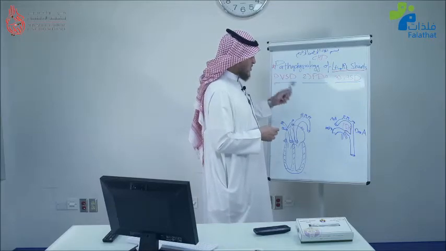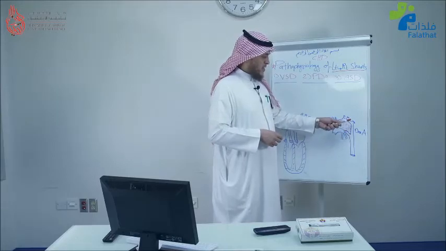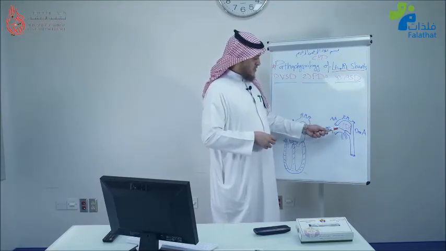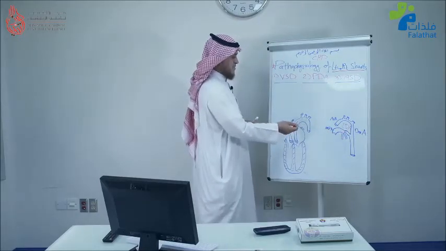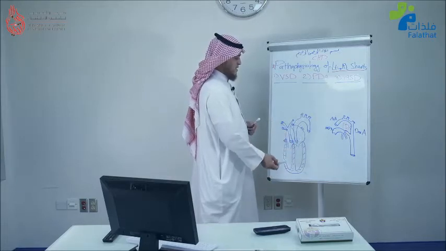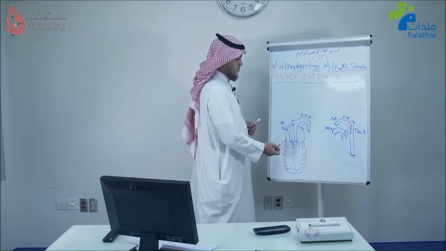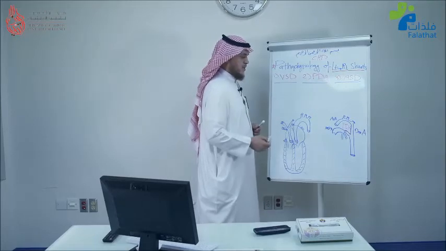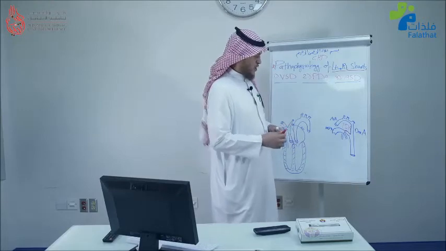And as we said in the VSD, it is a communication between the left side, represented here by the aorta, to the right side, represented here by the pulmonary artery. Again, the left side: aorta, left atrium, left ventricle. The right side: pulmonary arteries, and anything that goes to the veins, SVC, IVC, right atrium, right ventricle, the right side of our heart or of our circulation.